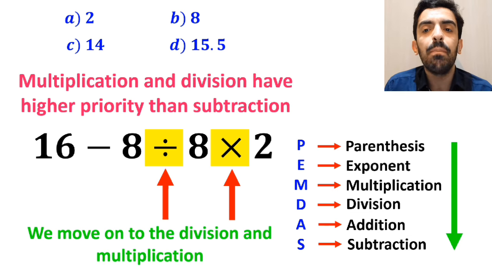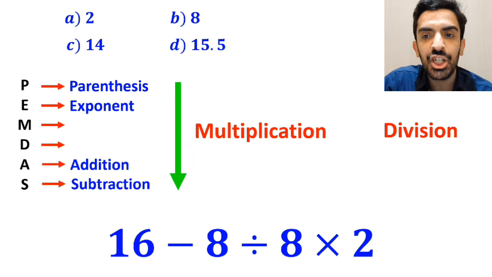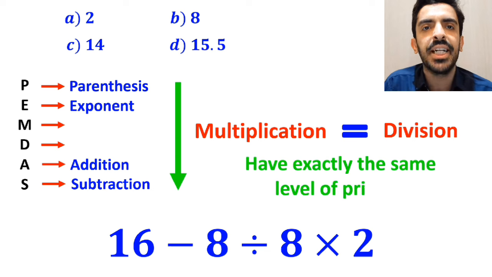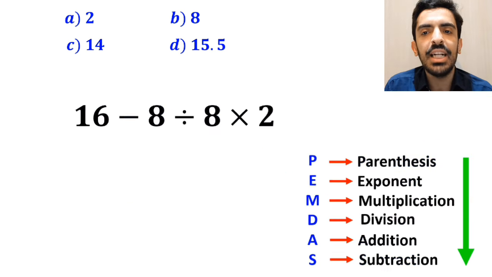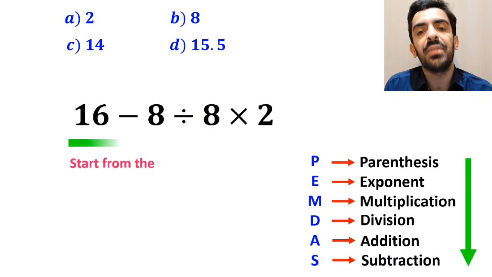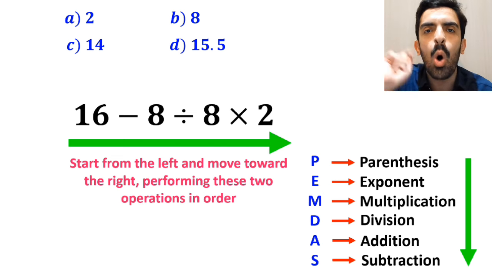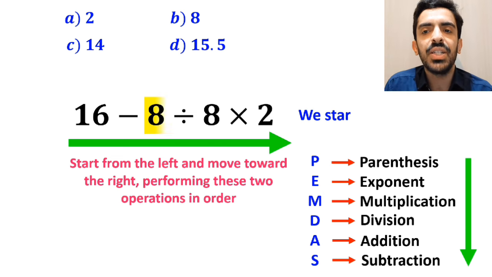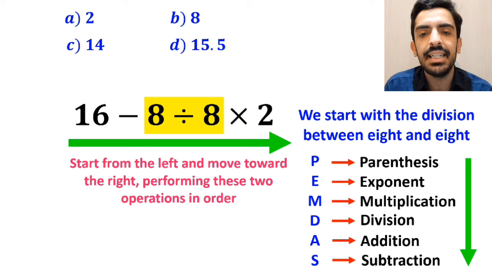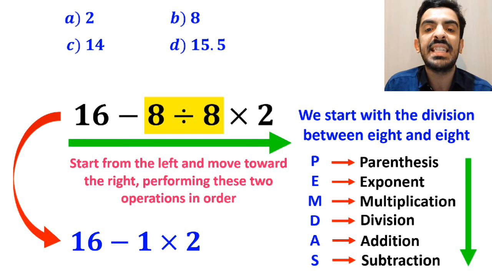However, it's very important to note that multiplication and division have exactly the same level of priority. In this situation, the best approach is to start from the left and move toward the right, performing these two operations in order. So, first we start with the division between 8 and 8, which simplifies this expression to 16 - 1 × 2.